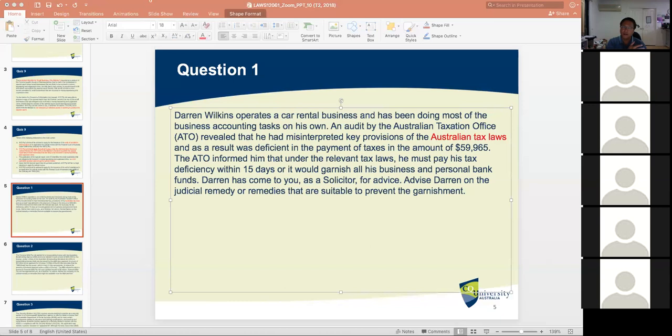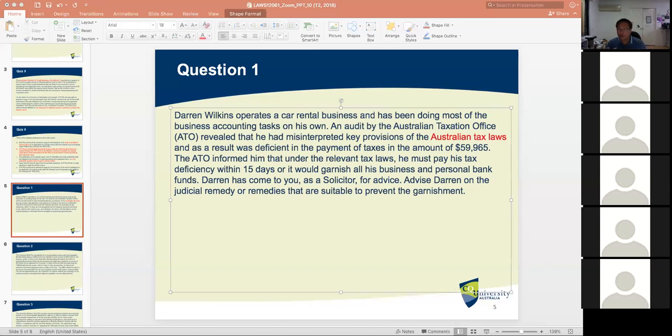As you would have seen in the notes, a writ of prohibition is a common law judicial review remedy, and because it is a common law remedy, it has certain requirements before the court will grant it. So the statutory judicial review remedies under the ADJR Act are not constrained or circumscribed by the same limitations inherent under the common law judicial review.